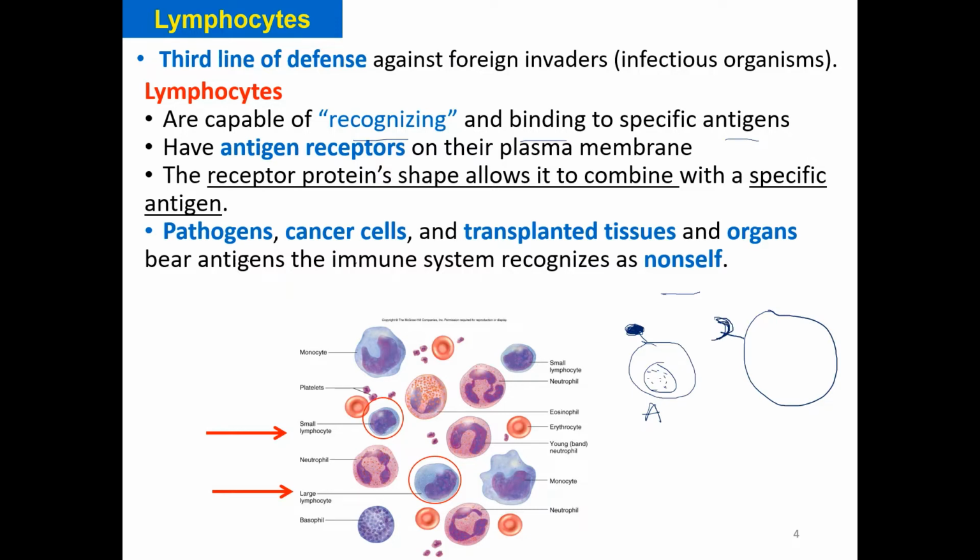So the receptor protein shape of the lymphocyte can bind to the antigen of the pathogen. So it is easy to recognize the non-self individual and they can destroy it. That is the basic concept of the lymphocyte in adaptive immune response.